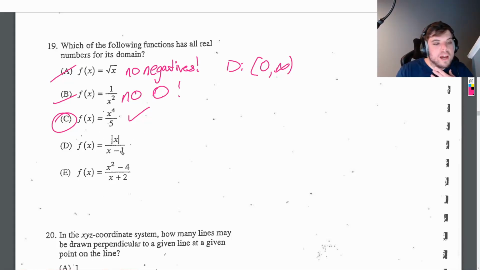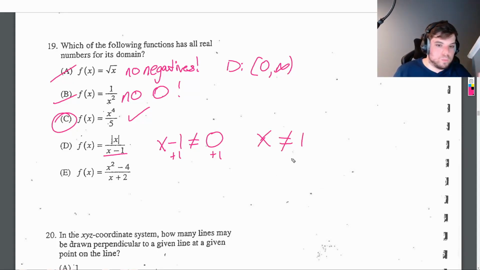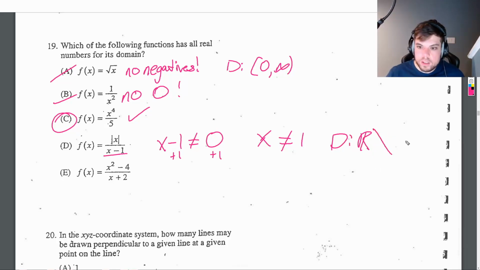Absolute value of x divided by x minus 1. Can we plug in anything? Well, no, we have this denominator. And x minus 1 cannot be equal to 0. This implies that x cannot be equal to 1, which means that the domain is all real numbers except the element 1.